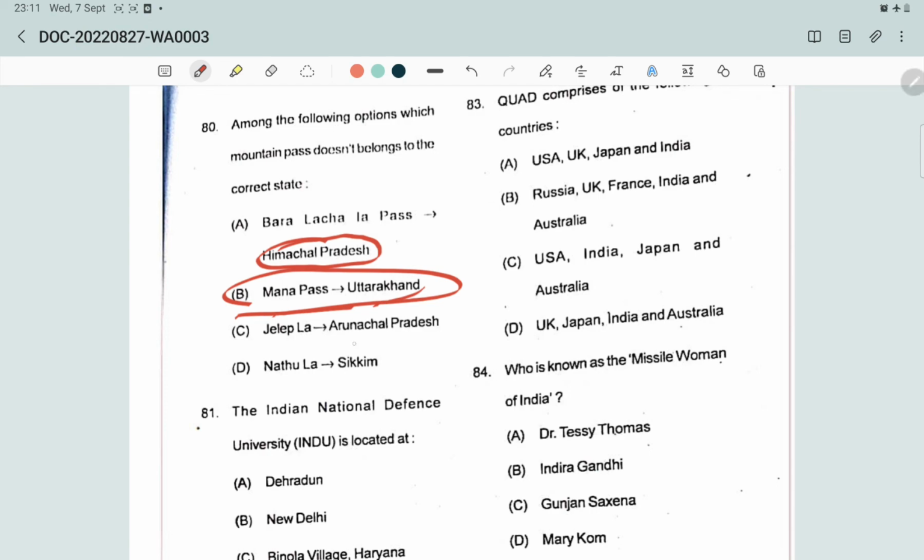So it is not correctly matched, so option C will be the answer. Then Nathu La is a mountain pass in Donkia range of the Himalayas between China's Yadong county in Tibet and Indian state of Sikkim. So it is also correctly matched.